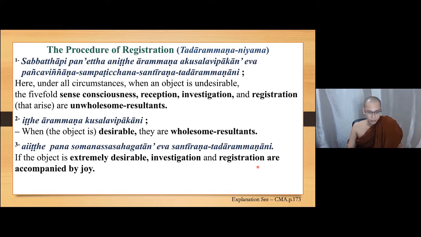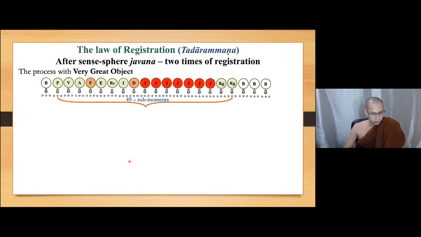Okay, so in this slide we study the procedure of registration, which is identified by the objects: undesirable object, desirable object, and extremely desirable object. Let's see the process here, which contains two moments of registration.